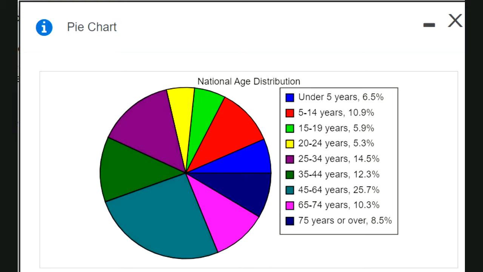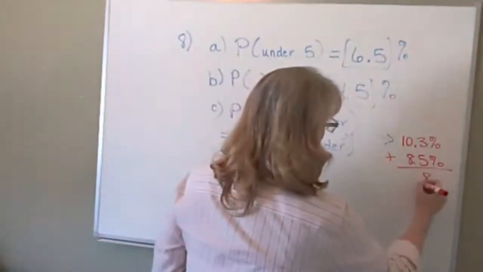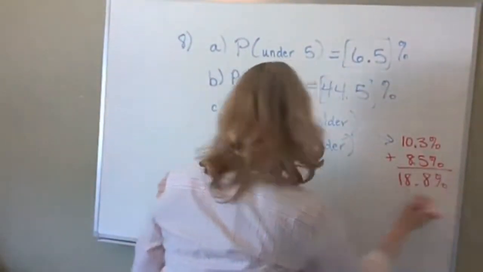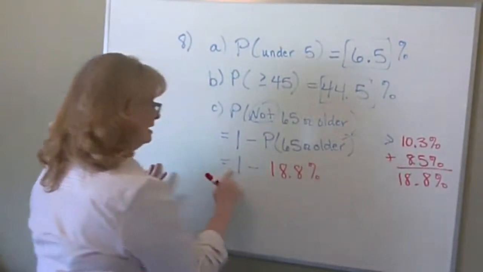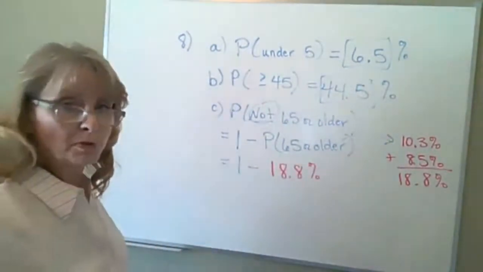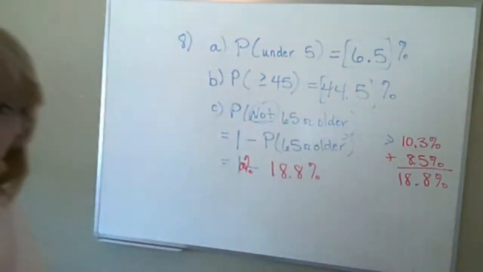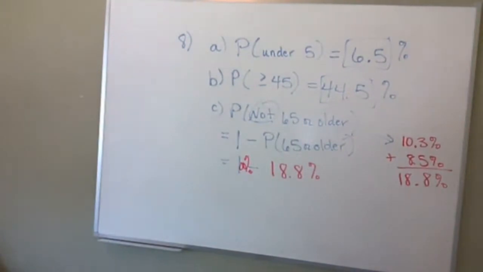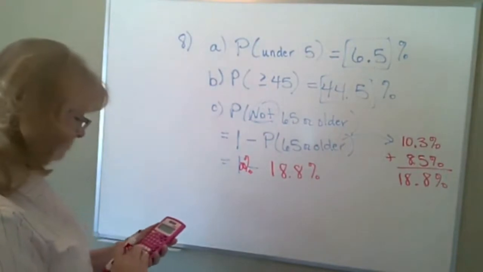And the last age group of 75 or older is 8.5. And so when we do that, let's see, 18.8%. So this is going to be 1 minus 18.8%. Now keep in mind that 1 is 100%. So you can do 100 minus 18.8.